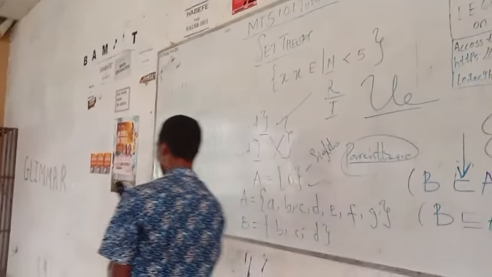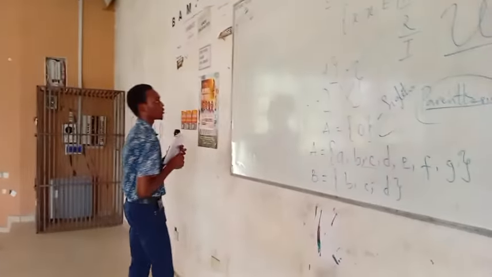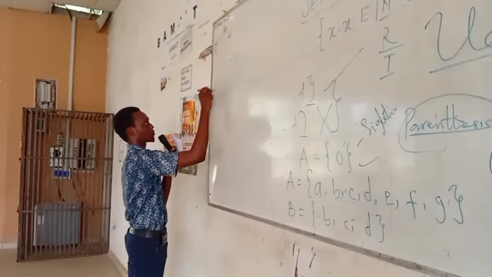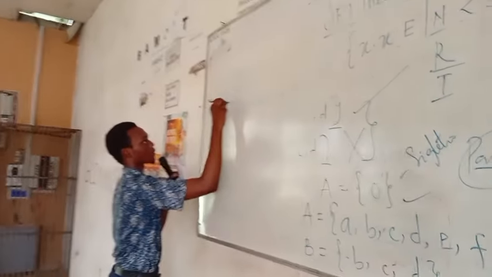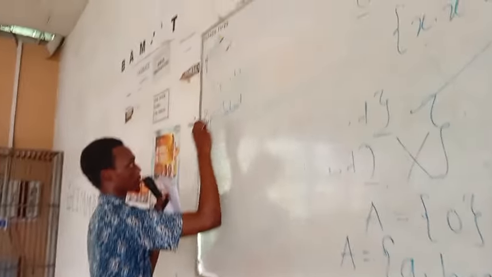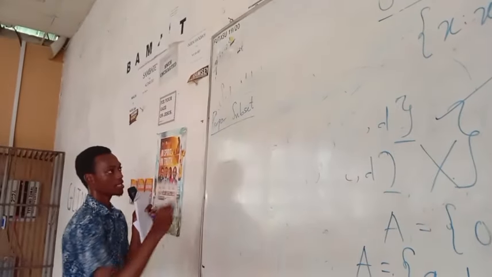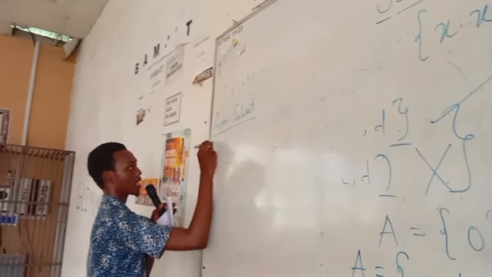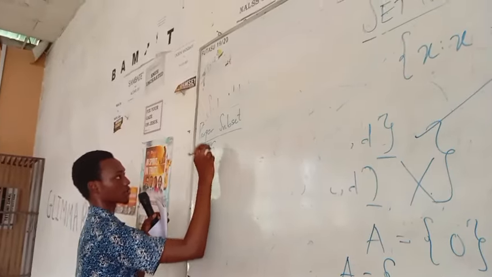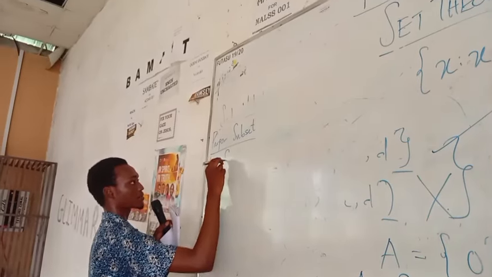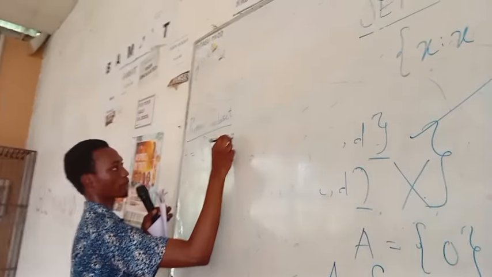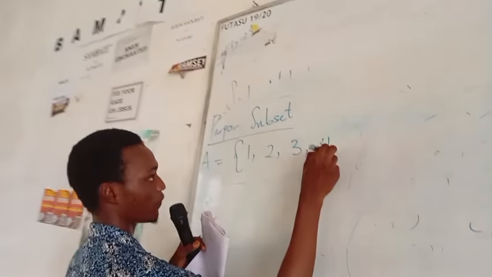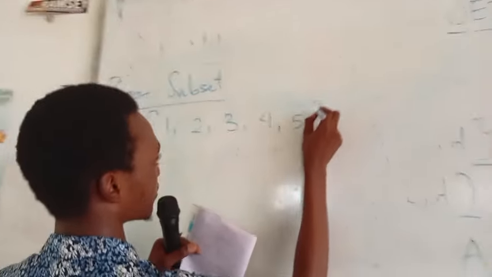Okay, now, proper subsets. Please, attention. Let's assume we have set A to be 1, 2, 3, 4, and 5.